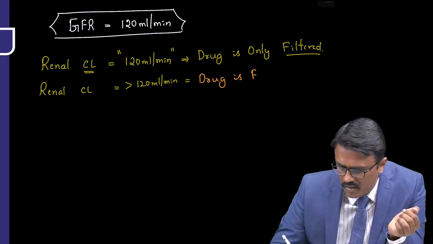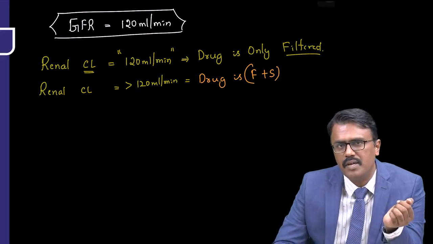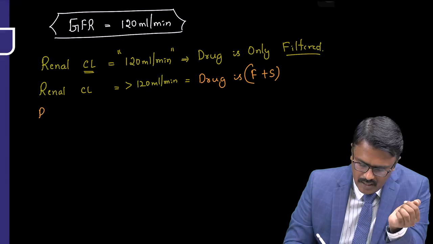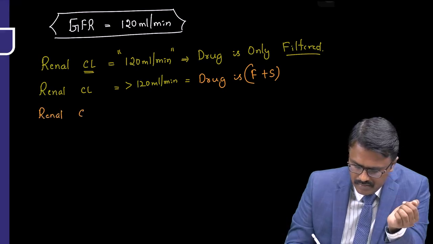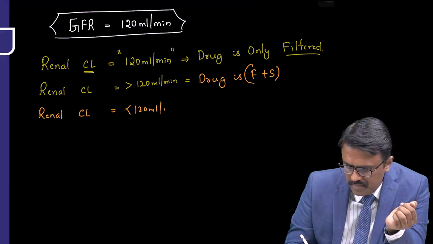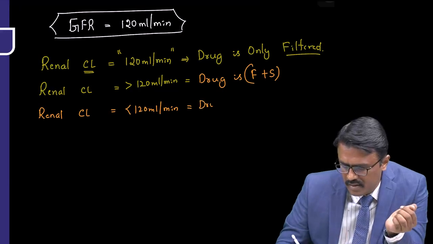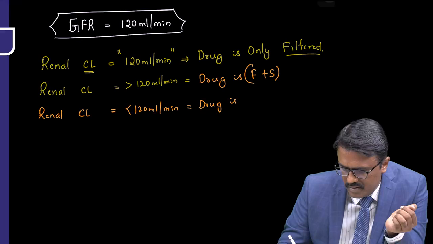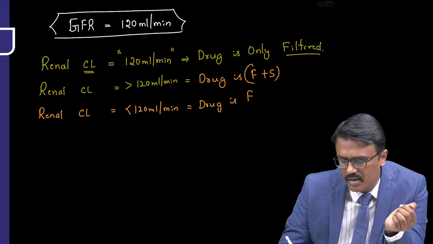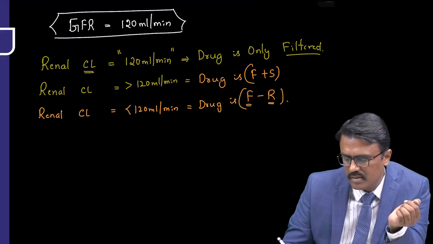So that is filtered plus secreted. Suppose the renal clearance of the drug is less than 120 ml per minute. That means the drug is filtered, correct? But after filtering, it is going back, reabsorbed. So it is filtered minus reabsorbed.